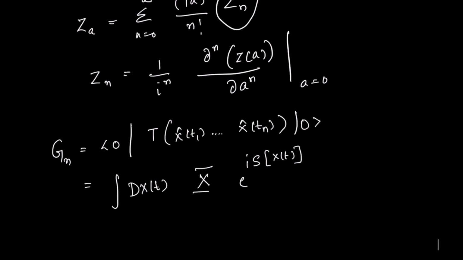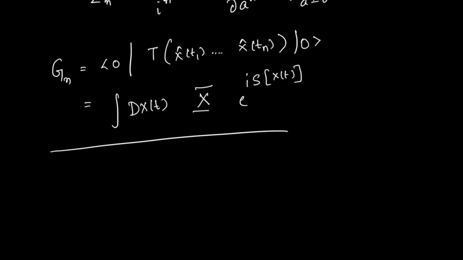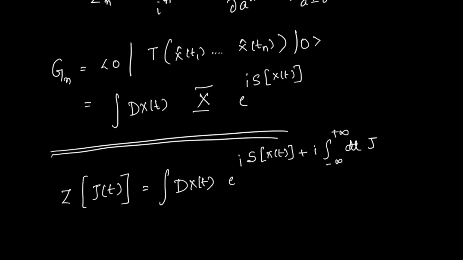So the generating function, to find this integral, will be something like this: Z[J] is equal to integral Dx of t e raised to i S[x] plus i integral from minus infinity to plus infinity dt J of t x of t.